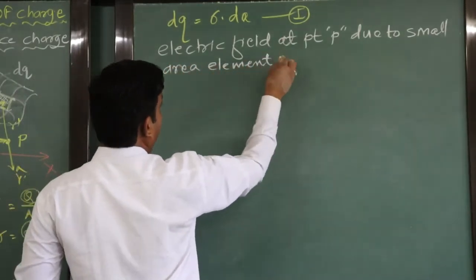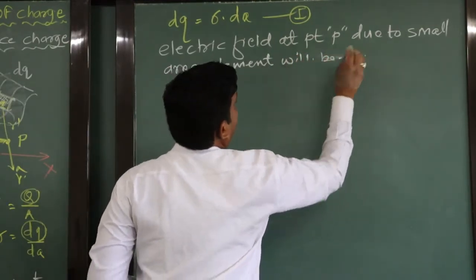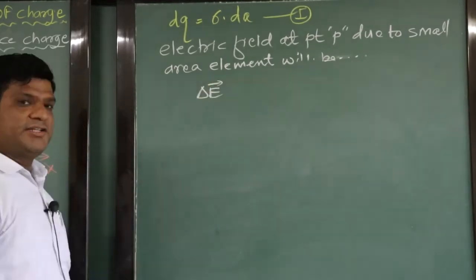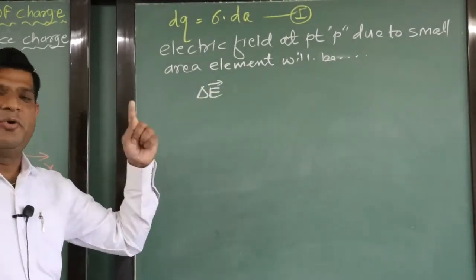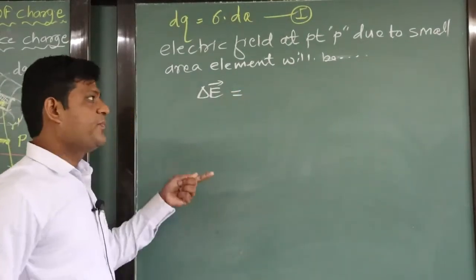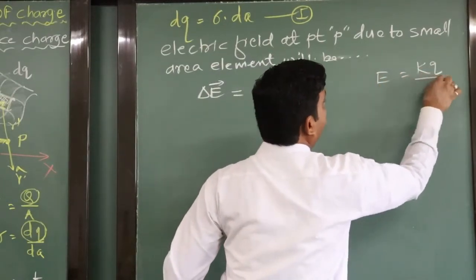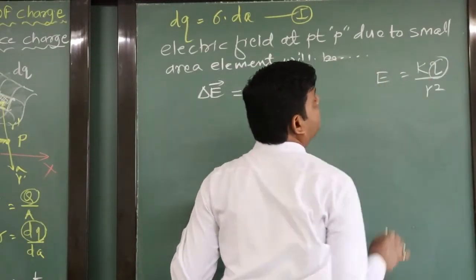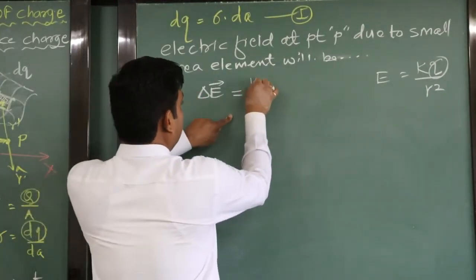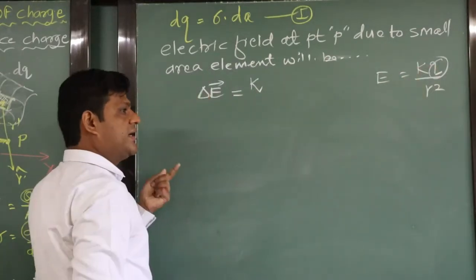We will denote it by d E vector, the small electric field at point P due to the area element. What is the general formula? We know the general formula E equals k Q by r square. Here Q is the source charge that produces the electric field. So k remains as it is, and Q becomes dq.